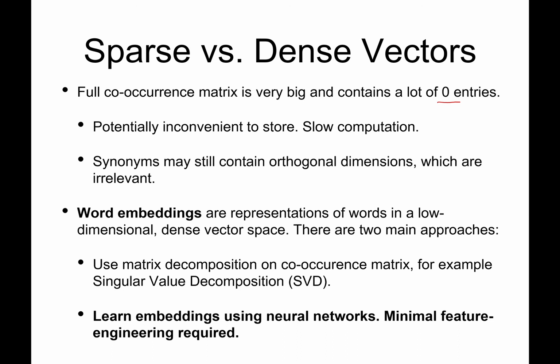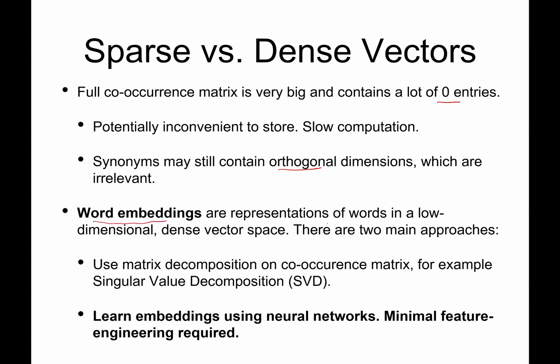First, your matrix is too big, so it's inconvenient to store and slow to compute with, and we still can have a lot of orthogonal dimensions which are irrelevant, but we keep them there. So these are numbers that are stored and we compute with them all the time, but they never help us do anything good. All right, so we're going to talk now about word embeddings.